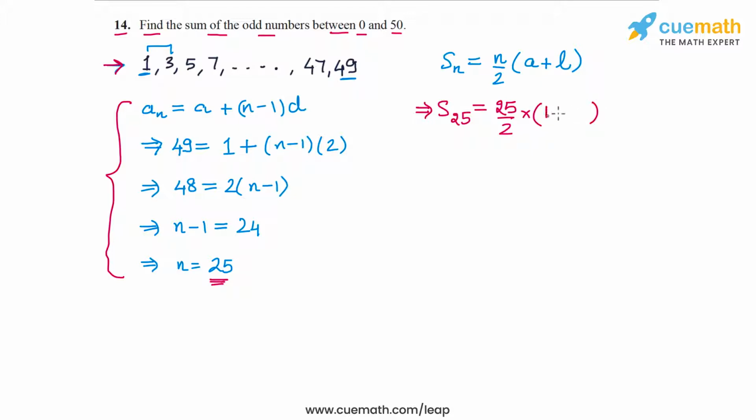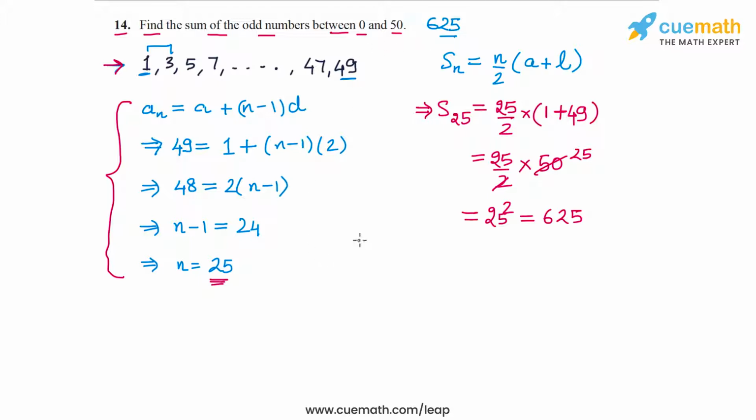So a is 1 and l is 49, the last odd number. So we get 25 by 2 into 1 plus 49, which is 50. Let's divide 50 by 2, we get 25. So we get 25 into 25, or 25 square, or 625. So the sum of all the odd numbers between 0 and 50 is 625.